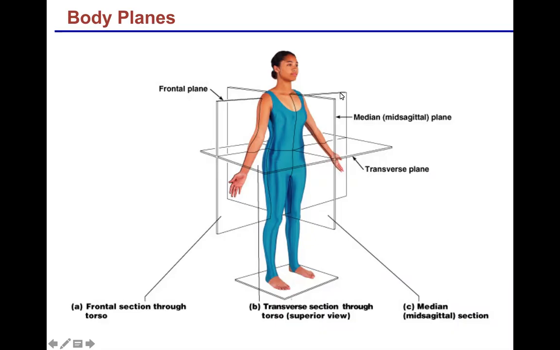When they are not equal, it's known as the parasagittal plane. When you pass through the midline, it's known as the mid-sagittal plane. So these are the different planes in which you can divide the body in order to study anatomy better.